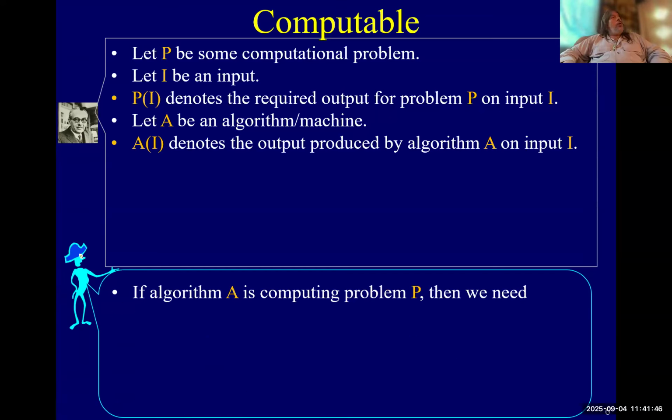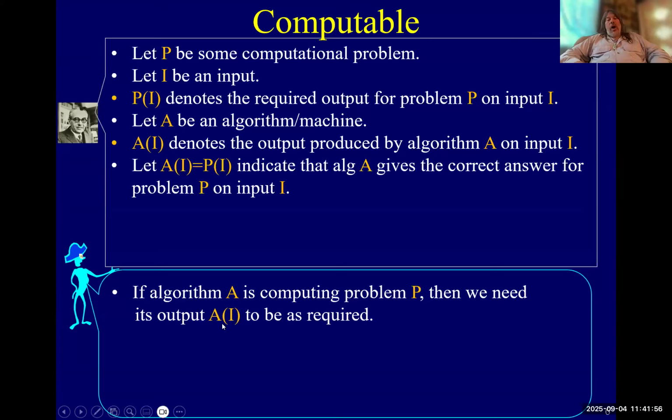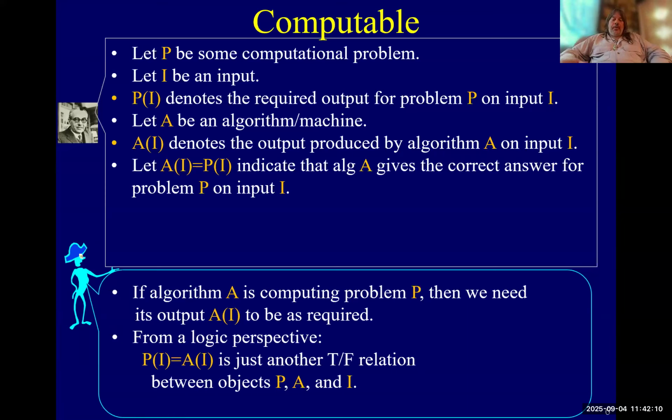If the algorithm is computing the problem, we need the output to be as required. So we write that the output of the algorithm on the input is the same as the required output for the problem. Everybody good with this notation?